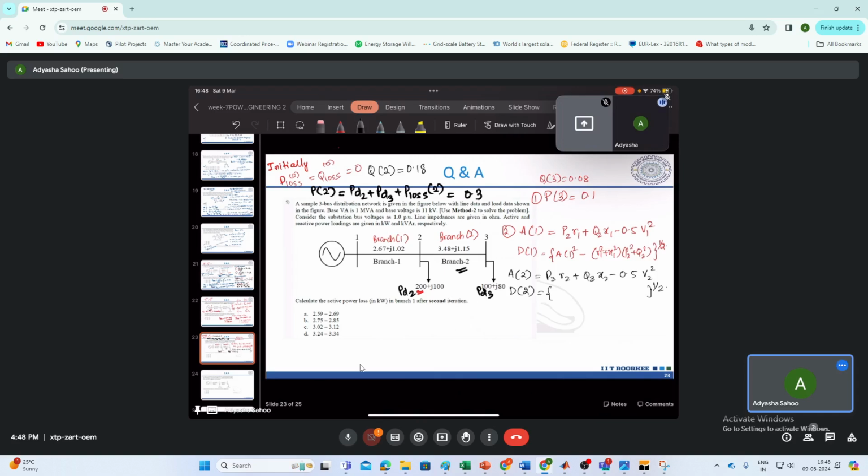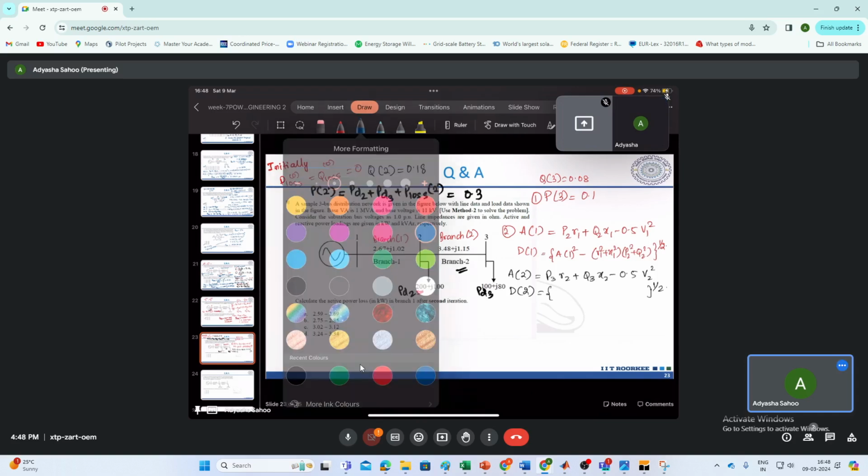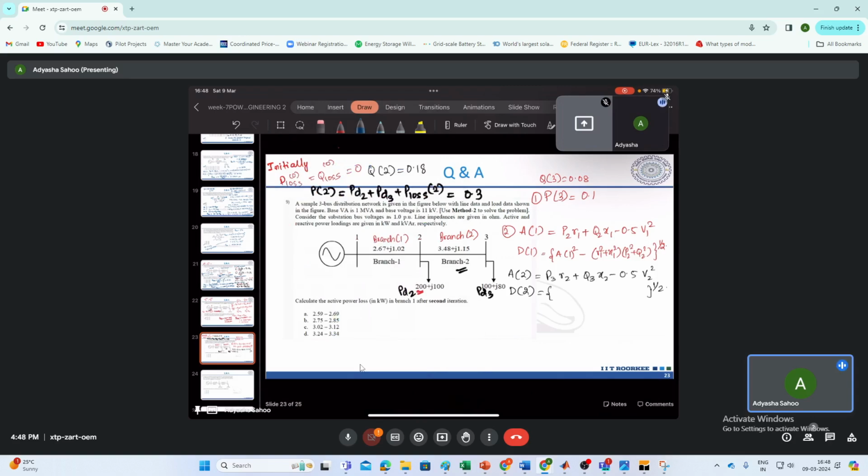So after calculating A1 and D1, you can calculate V2 using the relation. It was, I think, D1 minus A1 square root, and that V2 you can substitute here, so that you will get V3 as D2 minus A2 to the power half.